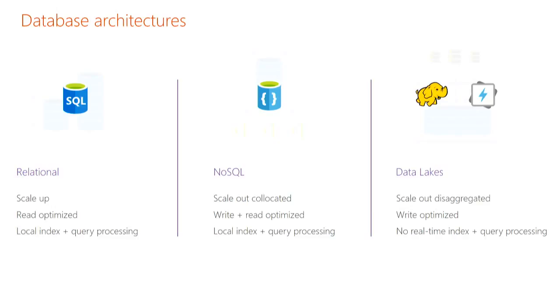We also have this category of things called data lakes. You can think of this as almost like a blob store. You can store a bunch of unstructured data for doing massively parallel compute, things like Hadoop, or in this case, Azure Data Lake Analytics, on top of that data. This tends to be very write optimized, but on the read path, the latency tends to be high, right?